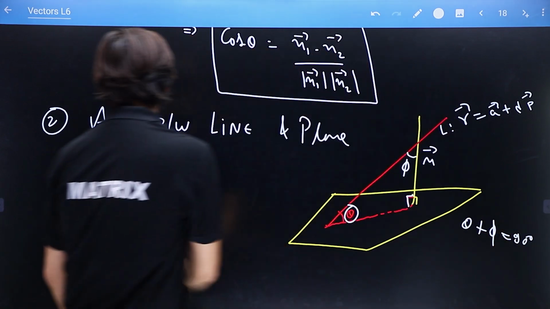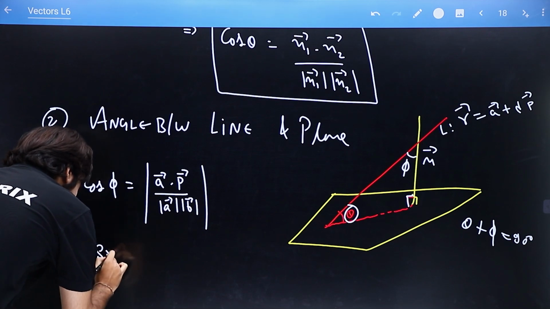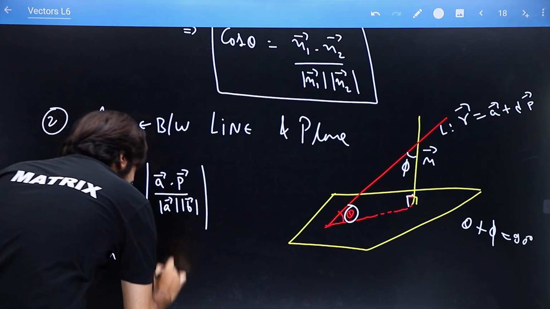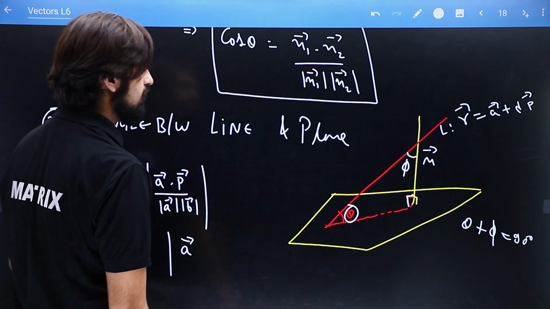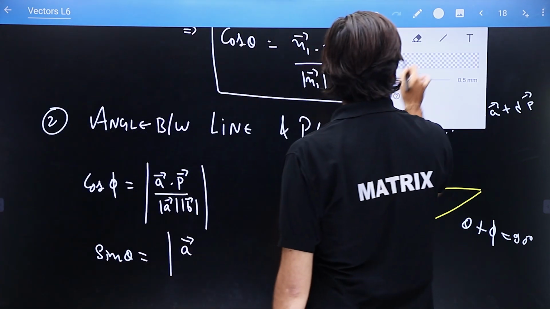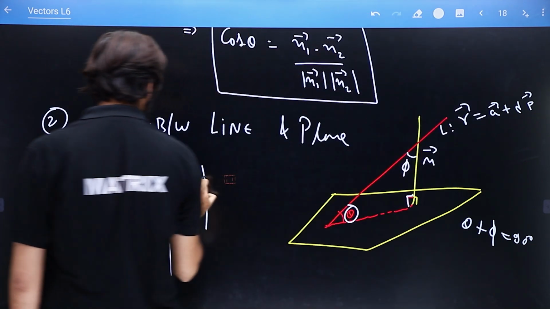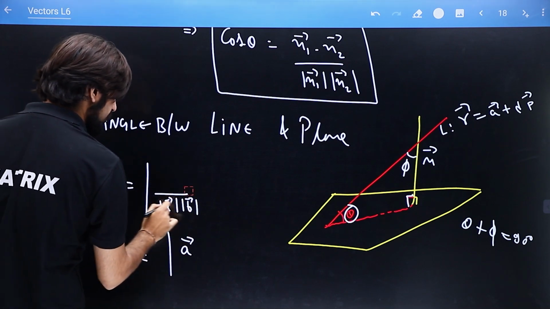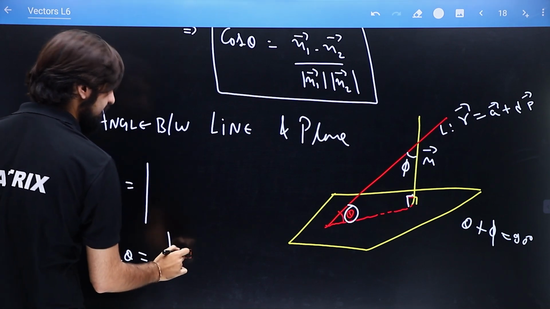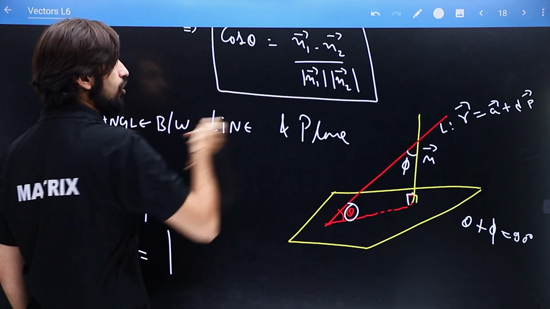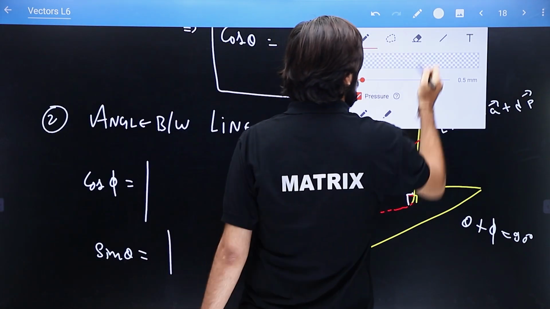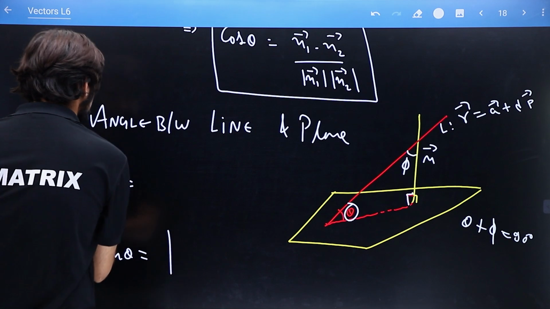So this gets converted into sin theta is equal to mod of A. Why are we writing A? Okay, this is wrong. It's not A, because you are finding the angle between the normal vector and the line. Let's clarify it first.